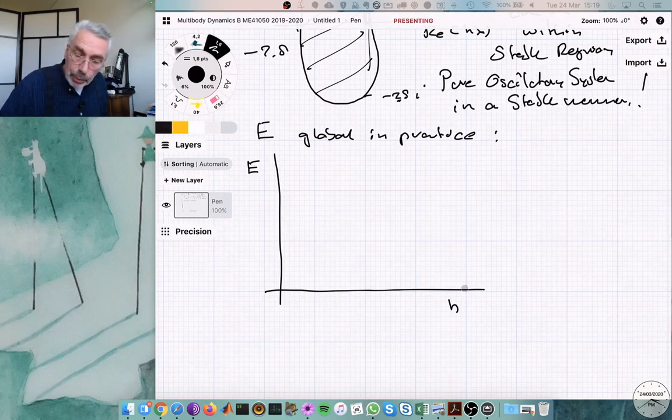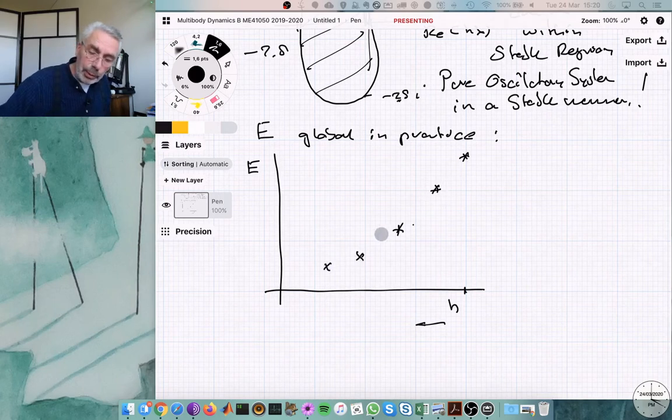We start with a large step size, so we find some error here. Then we make our step size smaller, we move in this direction, and we find a number like this, and like this, and like this, and you would think, oh, if I continue, I can make the error 0, right? If I make smaller steps.